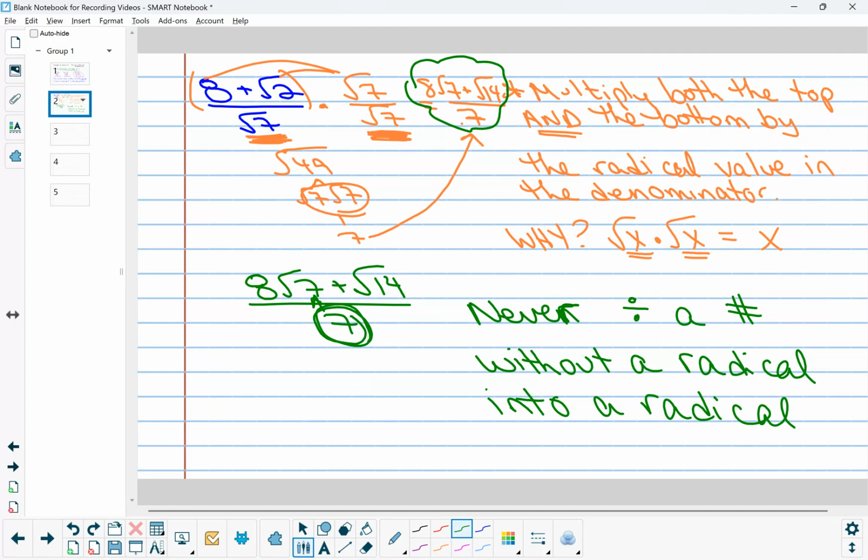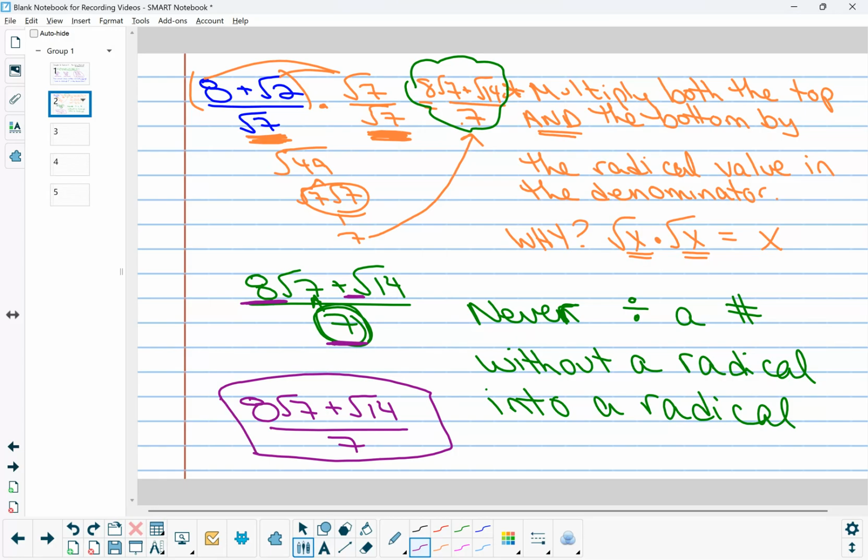A rad 9 is 3 and a rad 4 is 2, so this is 2 point something. A rad 14 is a 3 point something. So you cannot divide this whole number 7 into these radicals, okay? What you can do is if this coefficient was divisible by 7, and you had one here, and you had one here, you could reduce all those. But that's not possible in this problem. So this answer does look like 8 rad 7 plus rad 14 all over 7. Okay, so that is the answer to that problem.